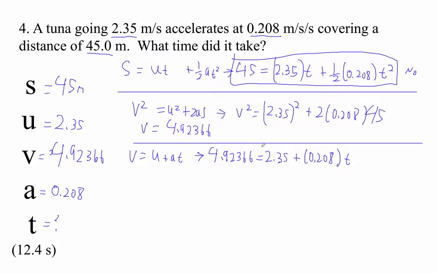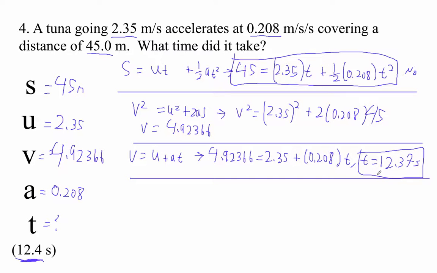Okay, so I'm going to go that minus 2.35 divided by 0.208, and I get 12.37 seconds. Or 12.4 seconds, right, with 2 sig figs, right? Now, you can just stop here, right? That's fine. The question is, what if we did this with the quadratic equation?